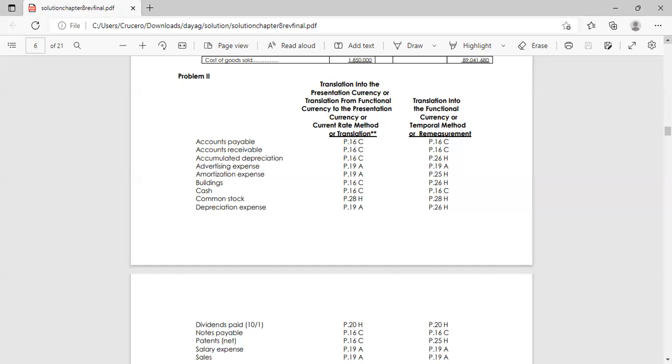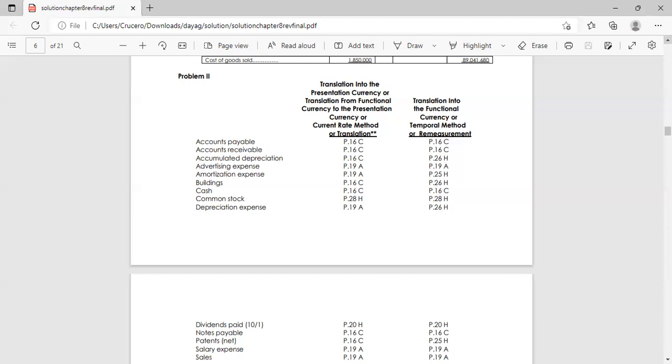However, as stated in the guideline, for non-monetary items at historical cost, and that includes the building, we use the historical rate. And for subsidiaries that have been acquired by the parent, the exchange rate on the date of acquisition serves as the historical rate for items that were acquired before.